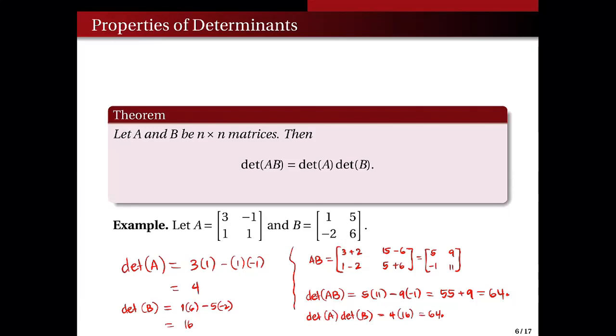So they are equal. At least using these matrices, we have confirmed the identity. But it is always true. You have n by n matrices A and B, you multiply them, you get the determinant, it's equal to the product of their determinants.